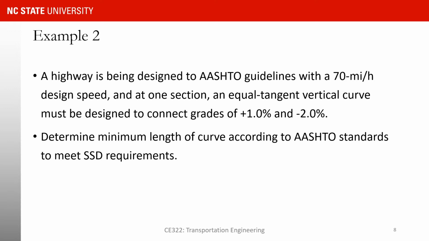First you go up the hill, then you go down the hill. So we want to determine the minimum length of curve according to AASHTO standards to meet stopping sight distance requirement. So please pause the video at this point for 5 minutes and go through the example and then continue.